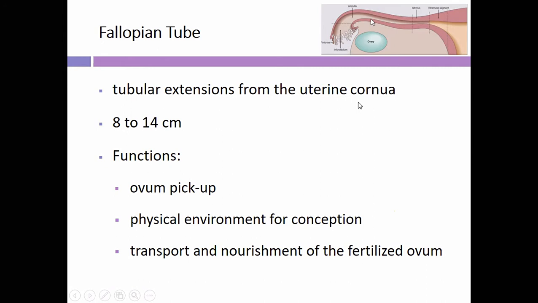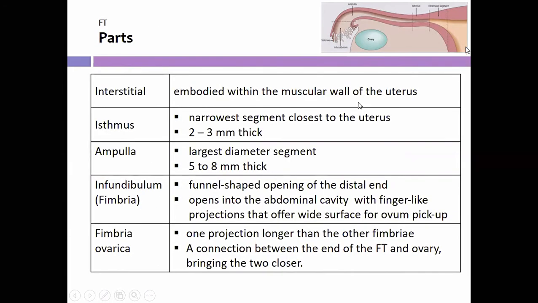There the fertilized ovum stays, waiting for the sperm to come in for fertilization. So another function of the fallopian tube is to provide a physical environment for conception, and later on, transport the fertilized ovum towards the uterine cavity.